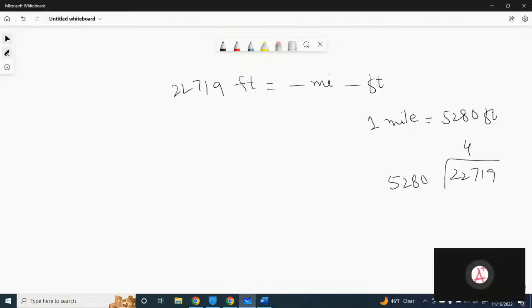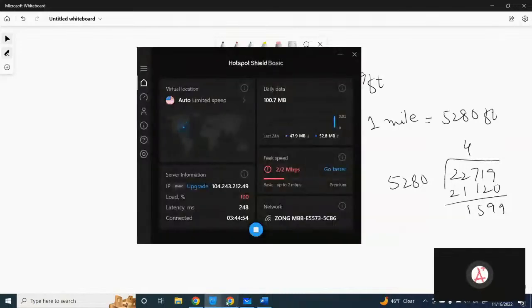And 5,280 times 4 is 21,120. When you subtract them, it would be 1,599. So that means you have 4 miles and 1,599 feet. Got it?